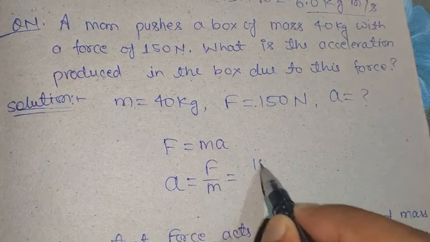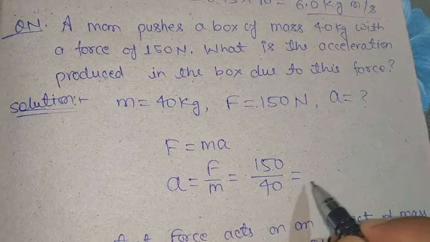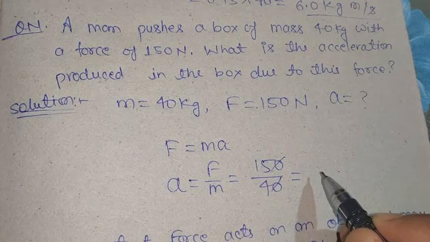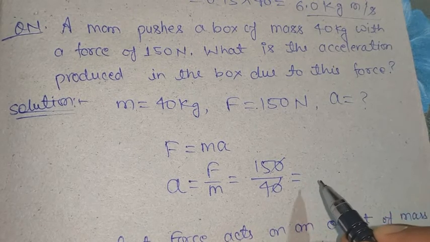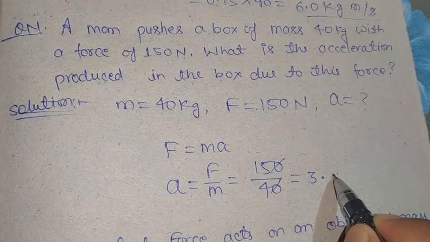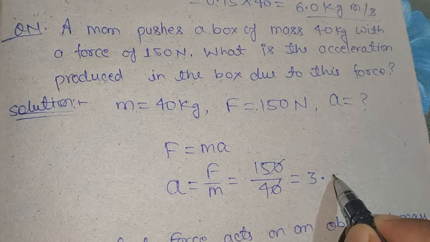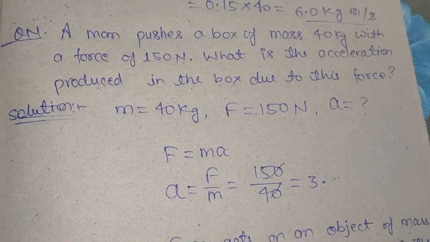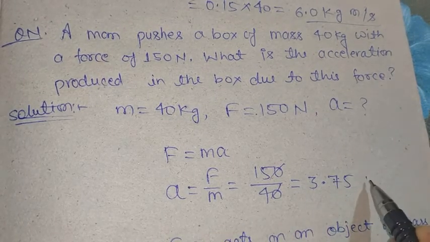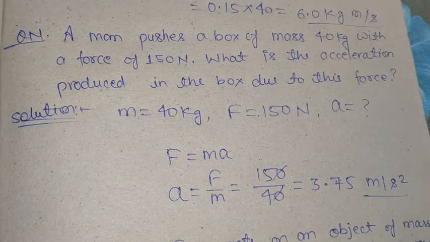F is equal to 150, m is equal to 40, and the zeros cancel. This comes out to 3.75, and the unit of acceleration is meter per second square.